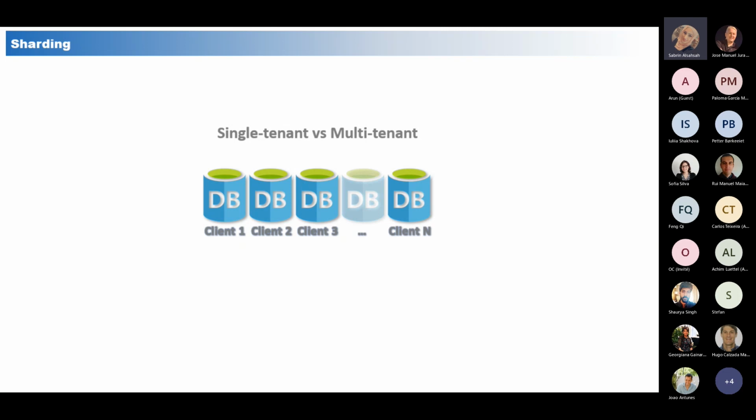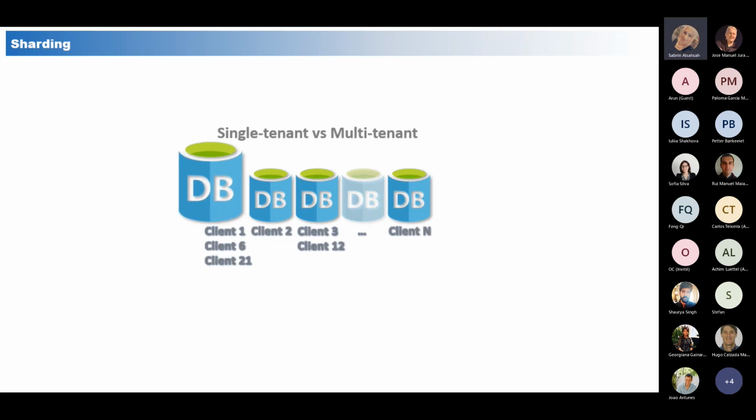As you can see here, you can either assign one database for each customer, or you can assign multiple customers to one database, but you will not be using one database for all customers. You will be dividing them depending on the workload, depending on the business needs, and so on.